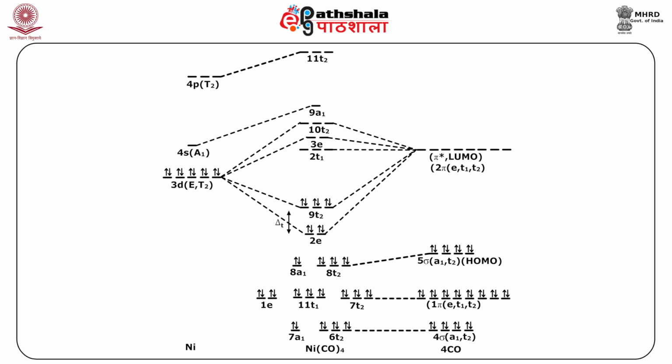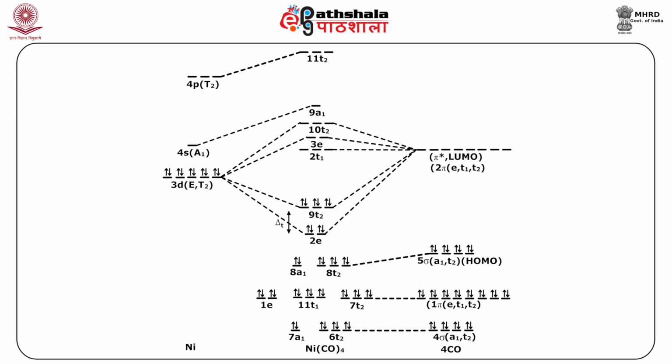CO is carbon monoxide, which is a neutral ligand and has the capability to work as a sigma as well as a pi ligand. It is a sigma donor and a pi acceptor ligand.